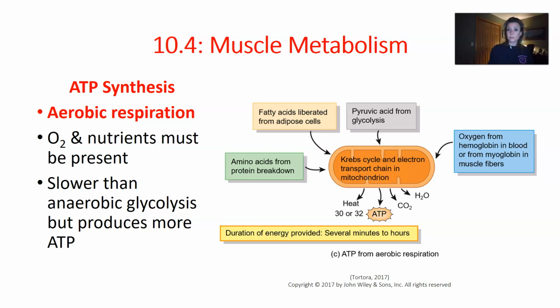And what's going to be produced here are heat, 30 to 32 ATP molecules, carbon dioxide, and water.